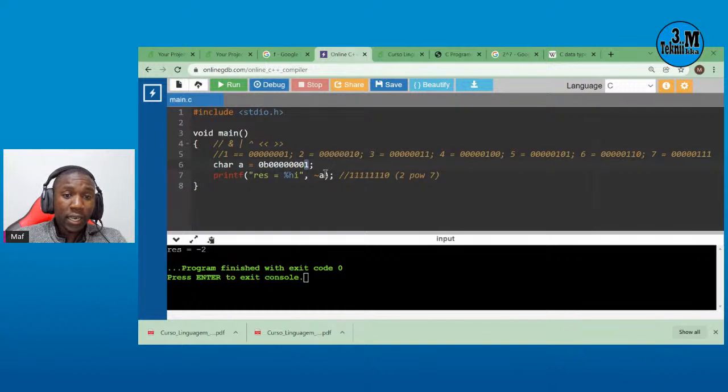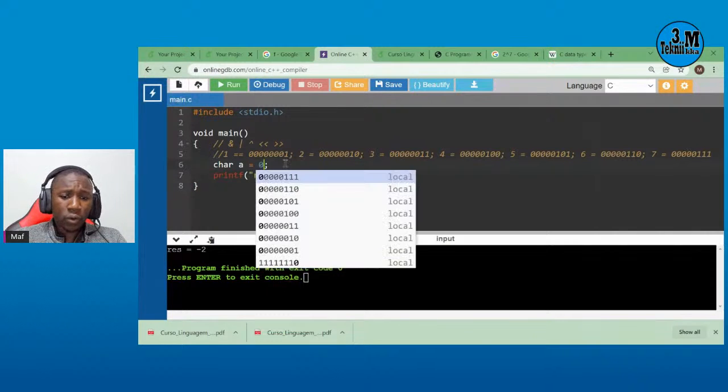This is -2. When I do the negation of this, it is this. Okay. Now we can perform good operations like we can put here something like 0b.